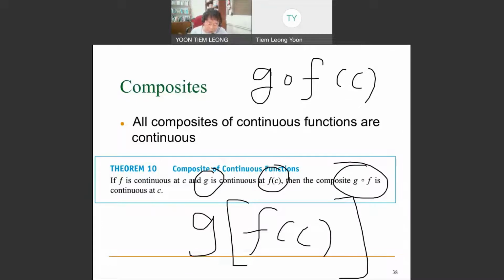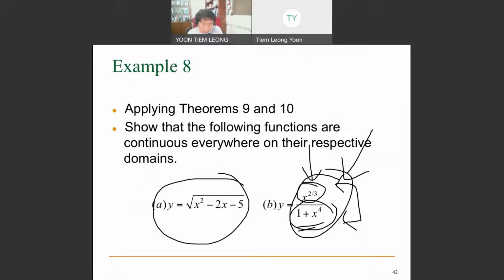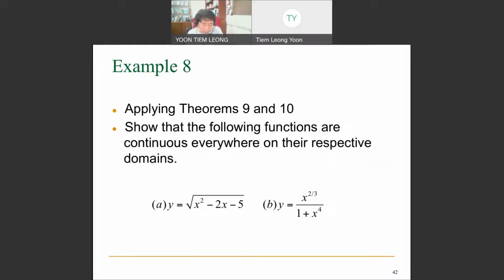These theorems allow you to come to very important conclusions. Initially you do not know whether the function is continuous or not, but using the theorem, you deduce the continuity of a new function that you have never seen before. You only see function A continuous, function B continuous. When you make a new function out of two continuous functions, then theorem 9 and theorem 10 allow you to deduce continuity.